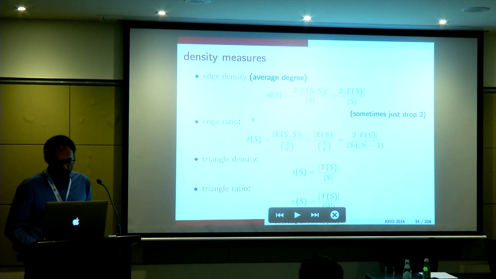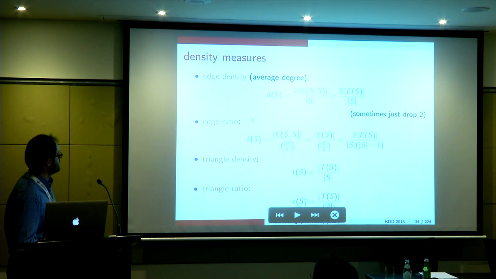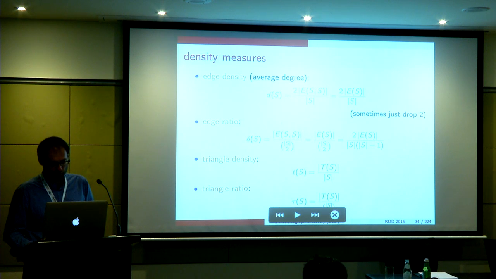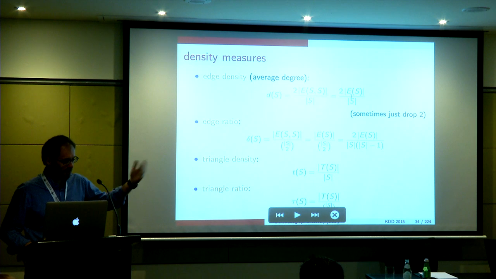Then another definition of density is the edge ratio. So in that case, I take again the number of edges in my subgraph. Instead of dividing by the number of nodes, I divide by the number of all possible edges in my subgraph. So notice that here is the average degree, and this could take values larger than 1.